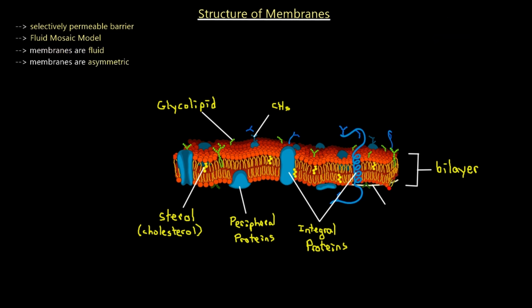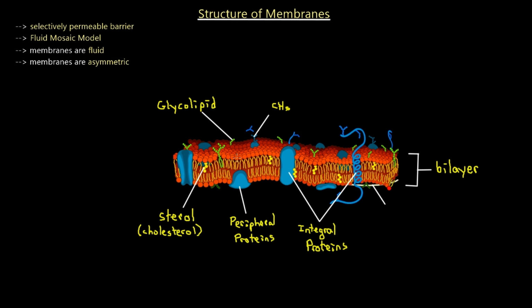Now, another aspect we must consider about the structure of membranes is that membranes are fluid. What this really means is that the lipid molecules of the bilayer vibrate, flex back and forth, spin around along their axis, move sideways, and exchange places within the same bilayer half.